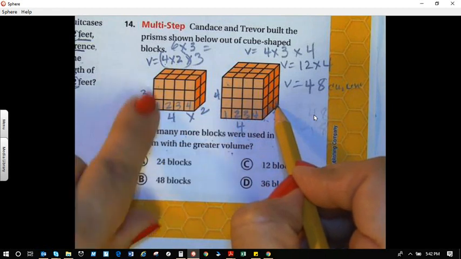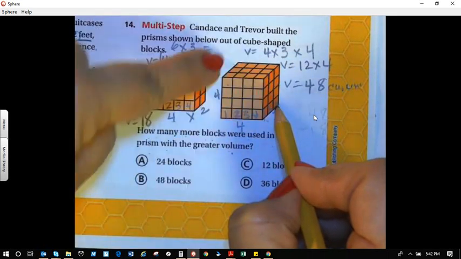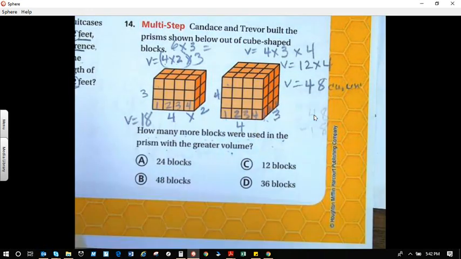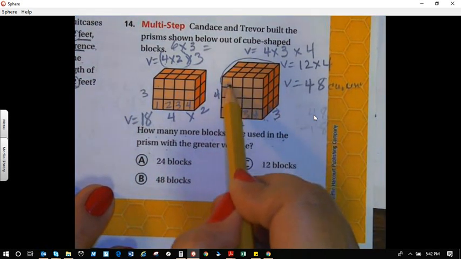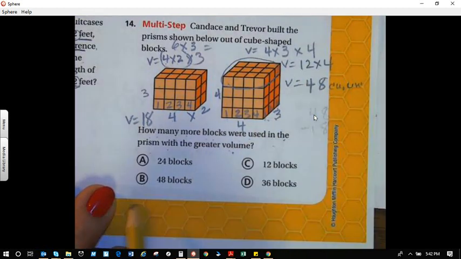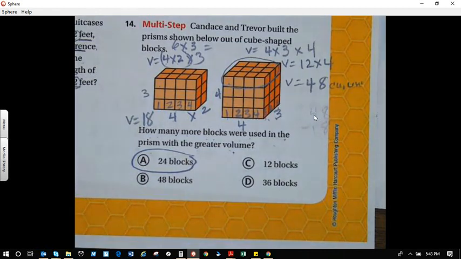And we had 3, but you added another layer. So you had another layer of 12. So 12 times 2, that's 24. Yep, so you had 24 blocks, it's greater by 24 blocks.